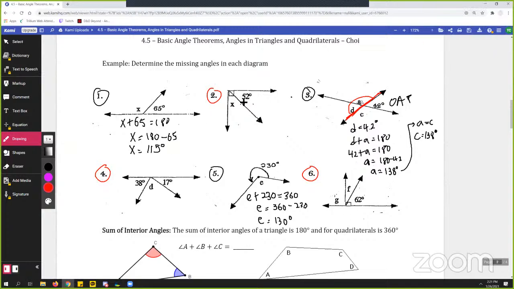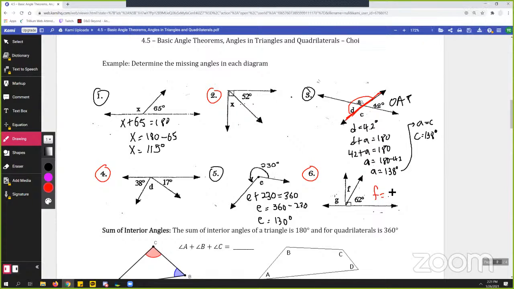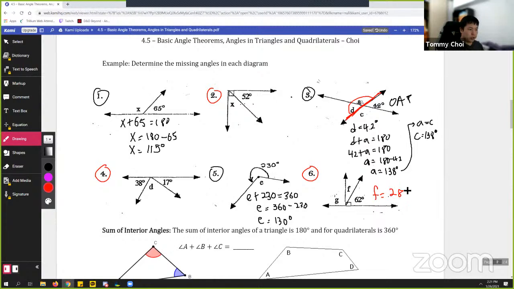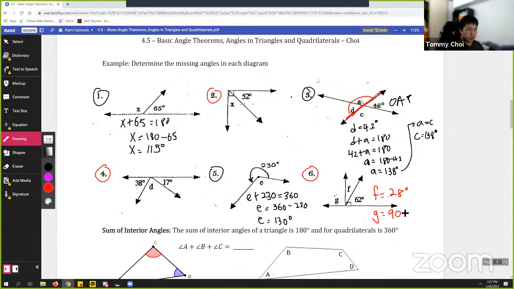The 6. Oh, you're doing 6. Yeah, 6. Oh, okay. So for question 6, what was F? What did you get for F? F is 152 minus 28. And what did you get for G? G is 19. You said 90? 90. Okay, good.